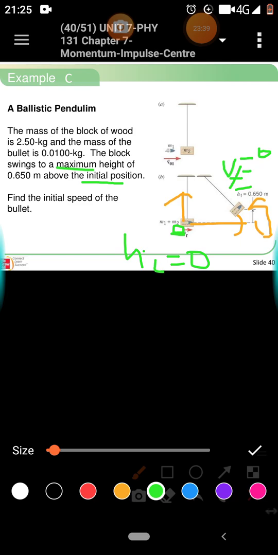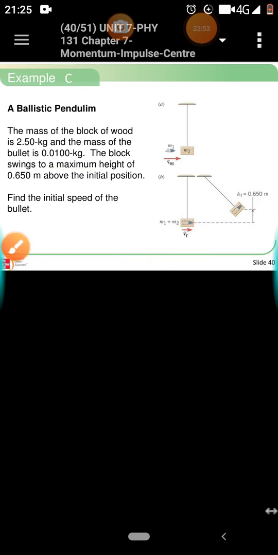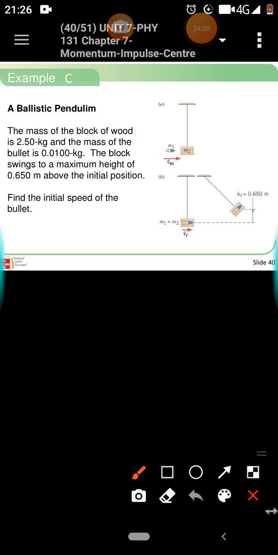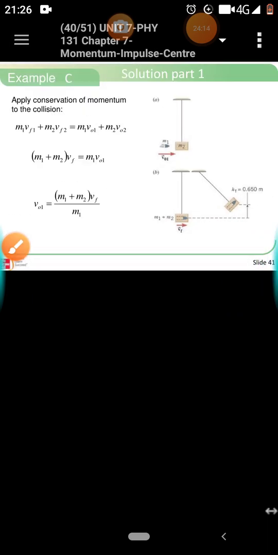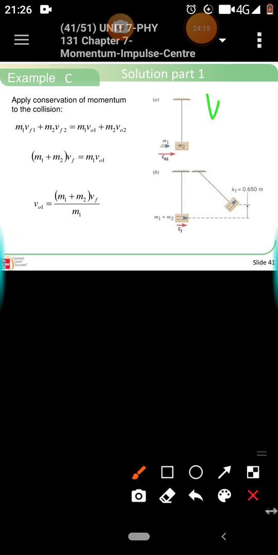Okay, I wanted to touch on those things. So now let's start. They want us to find the initial speed of the bullet. So we need, as we have seen, because remember we want v0 1, the initial velocity of the bullet.